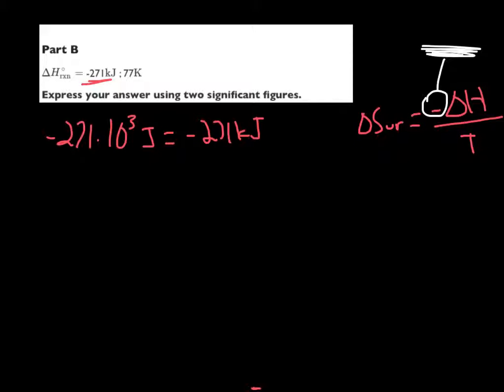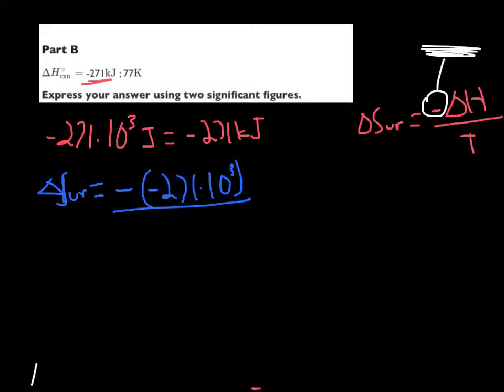So we have this value, this formula, delta S for surroundings equals the negative value of negative 271 times 10 to the 3 divided by the temperature in Kelvin. Notice we have a different one than before. So let's do this math out. I got a value around 3500 joules per Kelvin. Let's just rewrite all that.